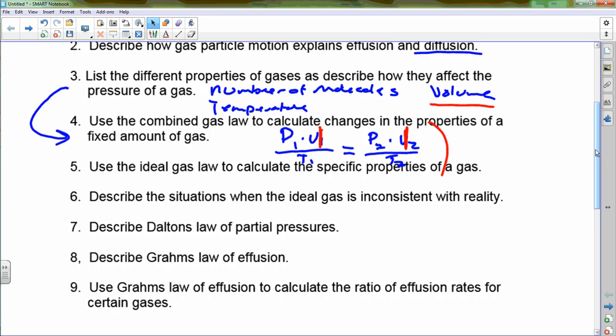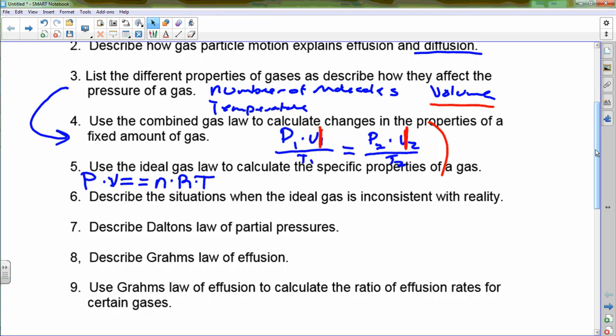Okay? The ideal gas law, this is the one that says P times V equals N times R times T. And we use the ideal gas law to calculate a specific measurement, so say the pressure, based on other specific measurements like the temperature and the volume and the number of molecules.